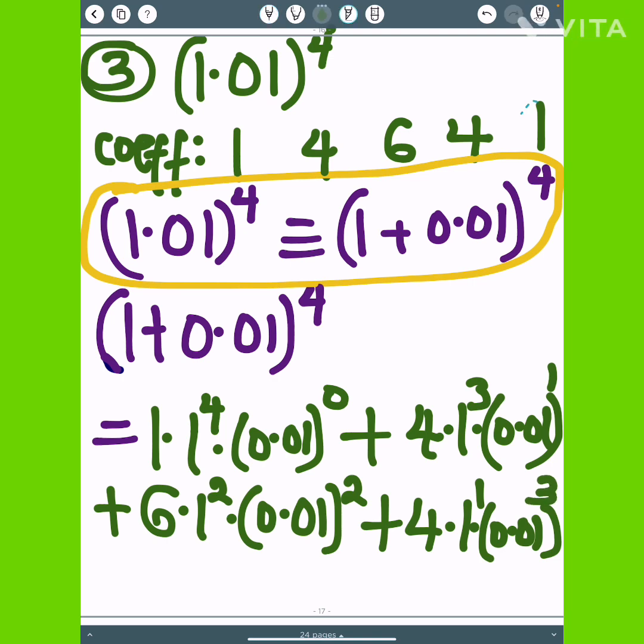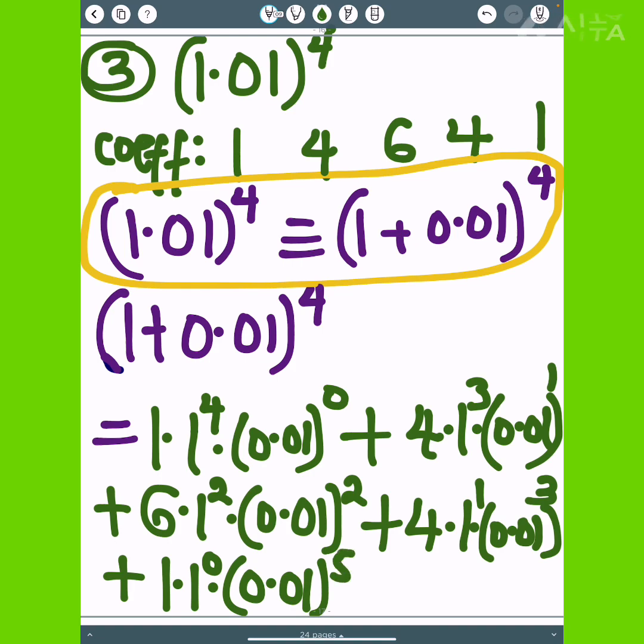Then my fifth term, this is my fourth term. My fifth term, I'll write down 1, times, take 1, raise it to power 0, times, take 0.01, and raise it to power 4.